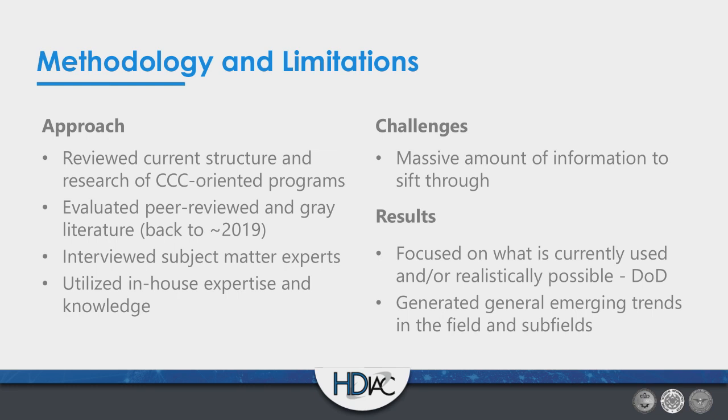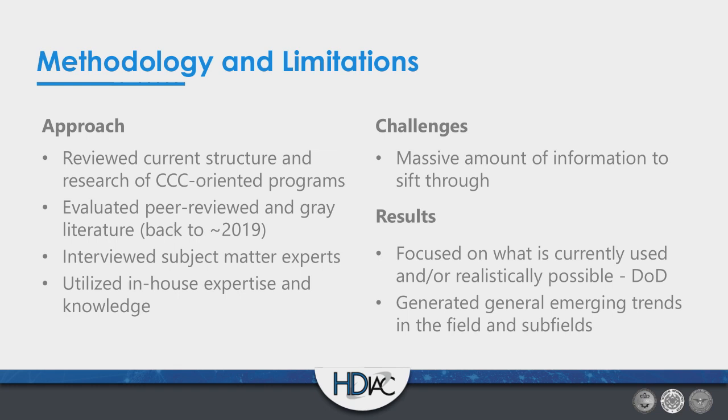A little bit about how we approached developing this report. So we reviewed the current structure of research of these combat casualty care oriented programs, looking at, for example, Army Institute of Surgical Research, JPC6 Combat Casualty Care Research Program. We evaluated peer reviewed and gray literature back to around 2019.